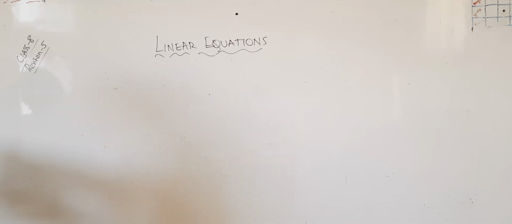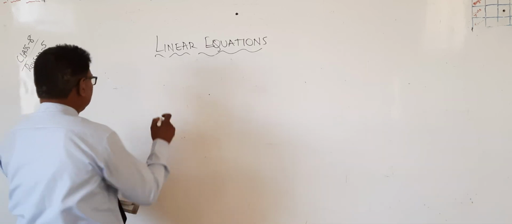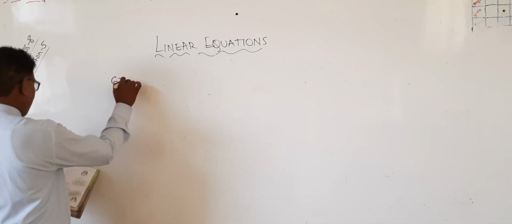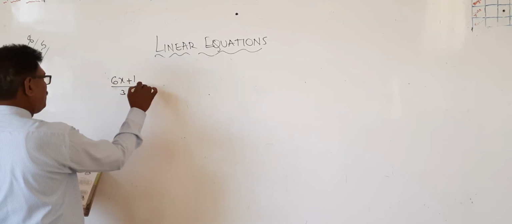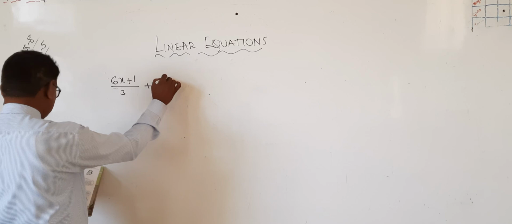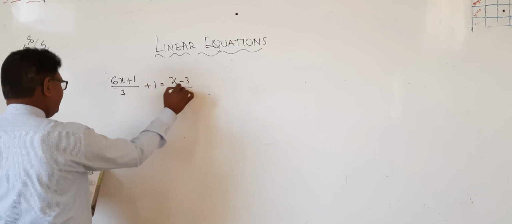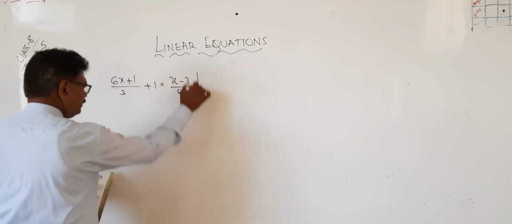Yes. Now you see, 6x plus 1 by 3 plus 1 is equal to x minus 3 divided by 6.